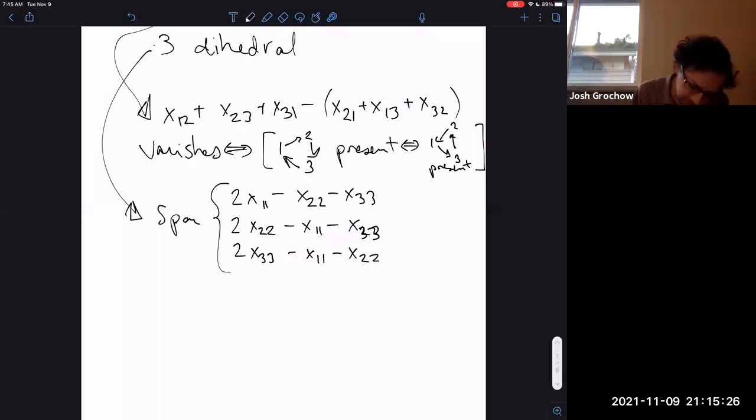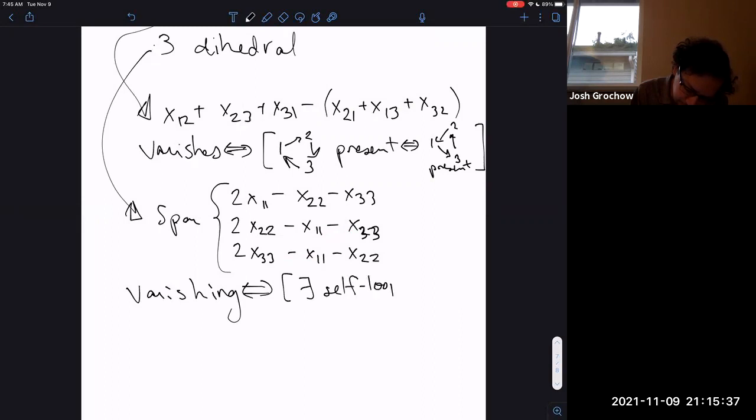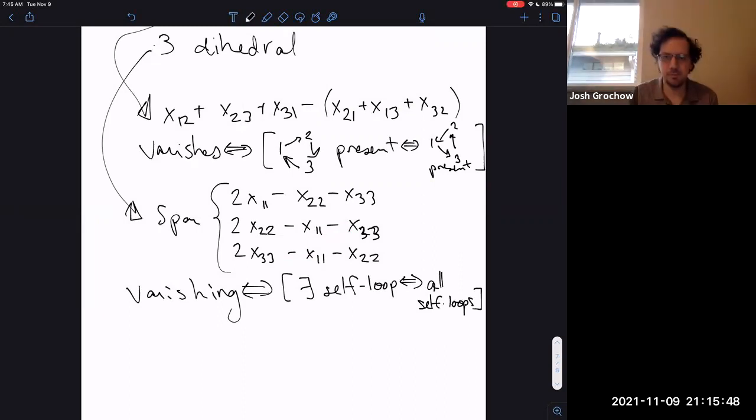So this one vanishes if and only if the existence of a self loop is equivalent to all self loops. All right, so that's one of our dihedral representations.